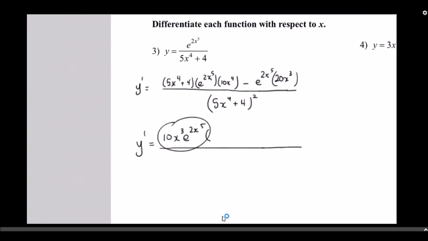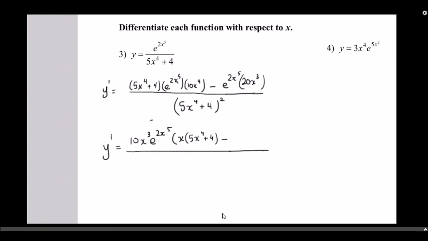So if this term here is factored out of the left side of the numerator, that's going to leave an x and a 5x to the fourth plus 4.